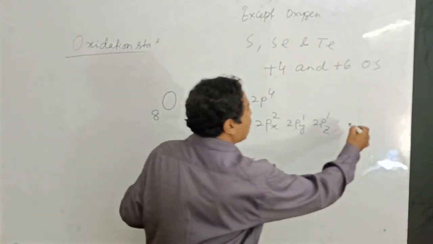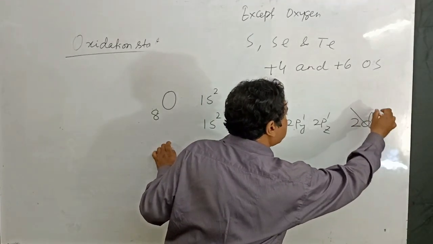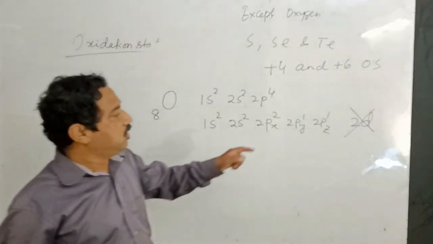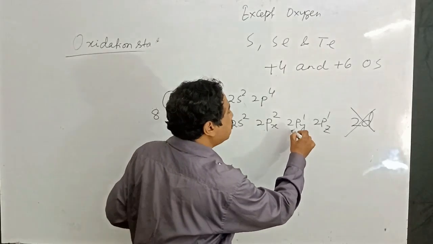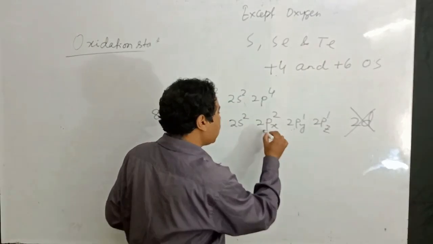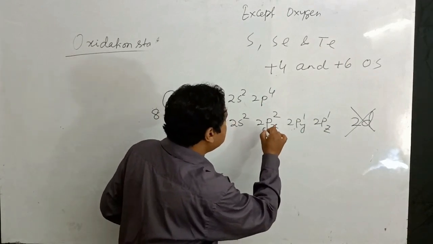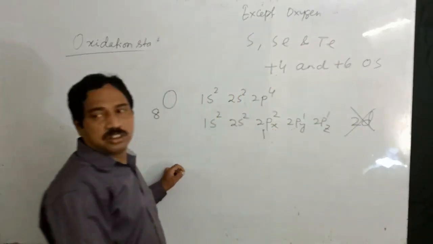It does not have a vacant d orbital, as 2d does not exist, the second shell has no d subshell. So it cannot expand its valency more than 2, and the electrons in its valence shell cannot be promoted to a higher subshell.